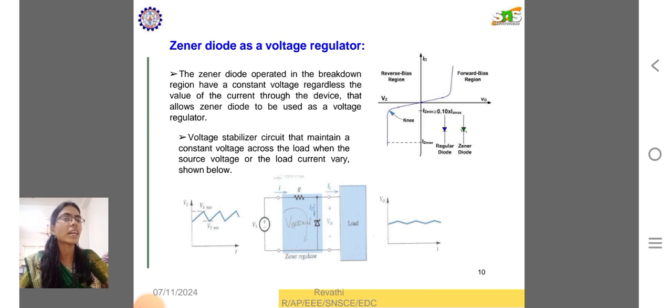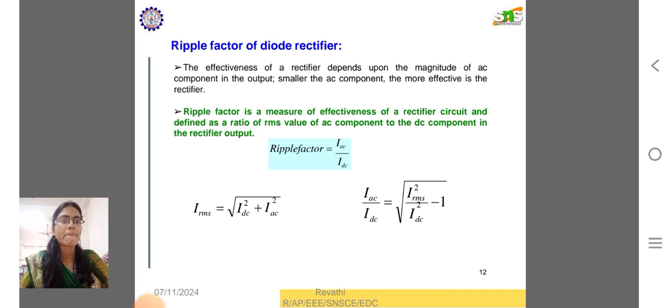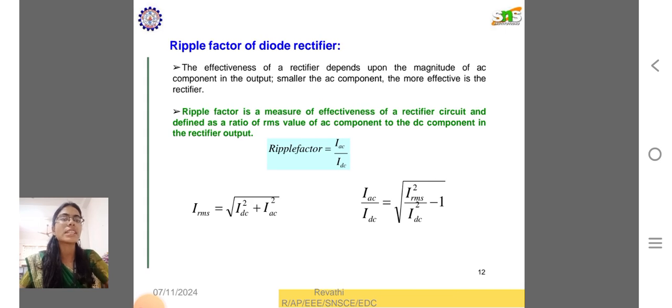We already know that it operates in the breakdown region and has a constant voltage regardless of the value of the current through the device, which allows the Zener diode to be used as a voltage regulator. The ripple factor is a measure of the effectiveness of a rectifier circuit, defined as the ratio of the RMS value of the AC component to the DC component in the rectifier output.